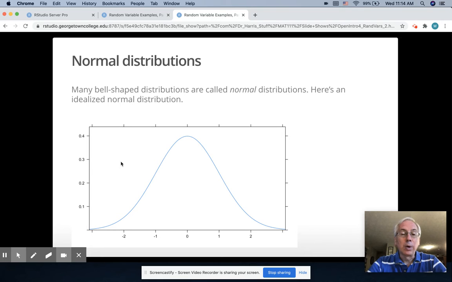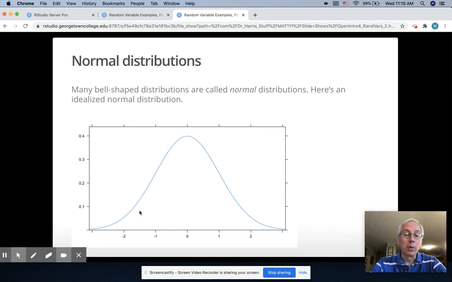So I've been using that word normal. If we've got a bell-shaped distribution, many bell-shaped distributions, not all, but they're going to be called normal distributions. And so this is what an idealized normal distribution centered at 0 with standard deviation 1 would look like. Almost all of the area would be between -3 and 3, 99.7% of the area. About 95% of the area should be between -2 and 2.